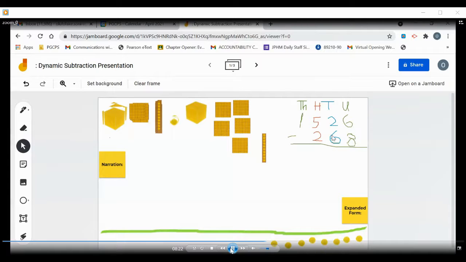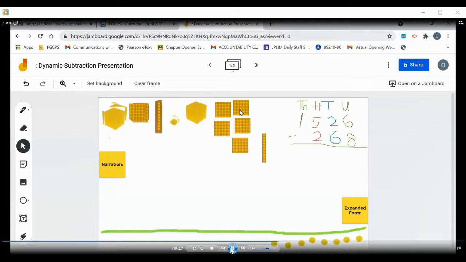Next, I will take away 6 tens from the tens I have. It's impossible. I can't take away 6 tens. 6 tens is more than this. So what I need to do now, as you all know, is go to my partner, the hundreds place.